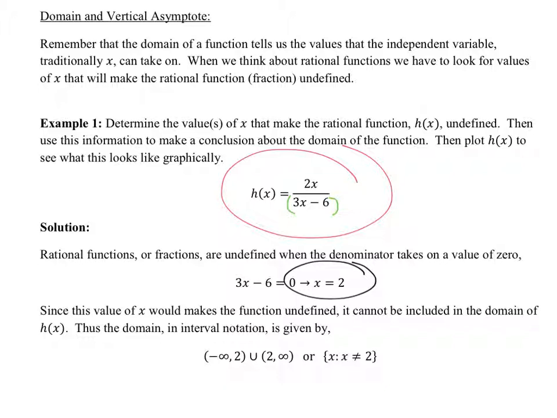What am I getting closer and closer to, obviously? 2. And what do you notice? Look at the y value. What's happening to the y value? It's getting very, very... in what direction? Down. What's that mean? Negative. This is becoming a very, very large negative number.